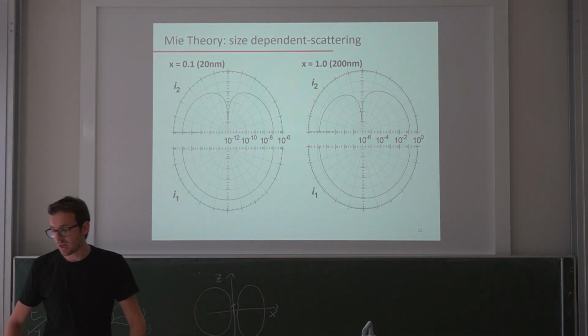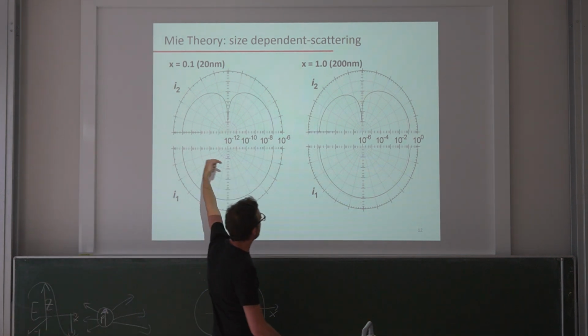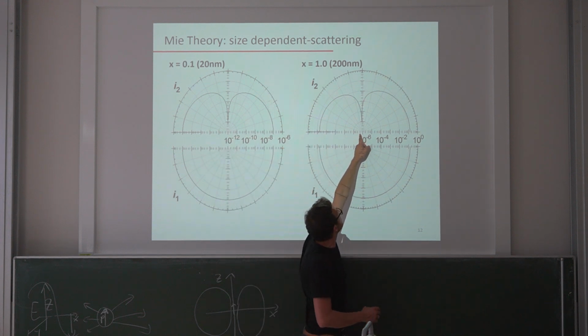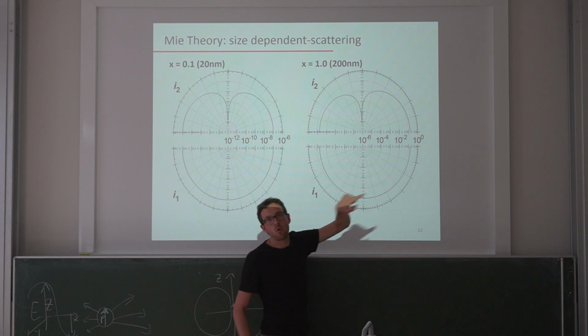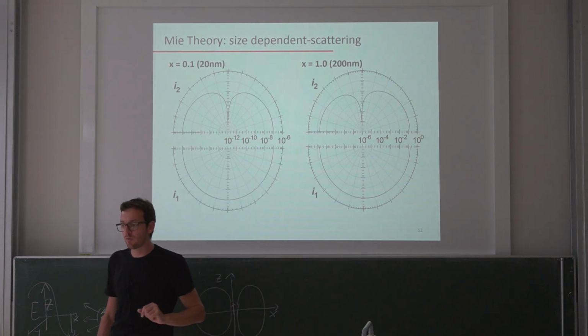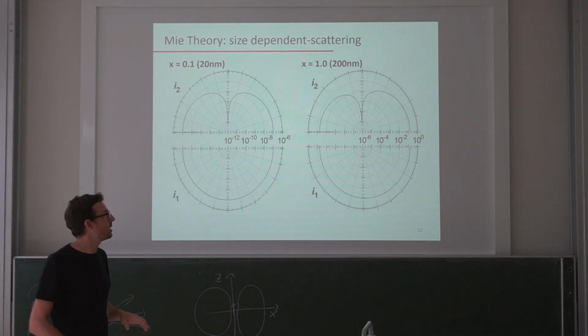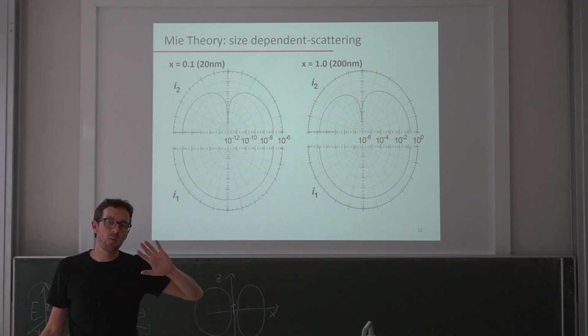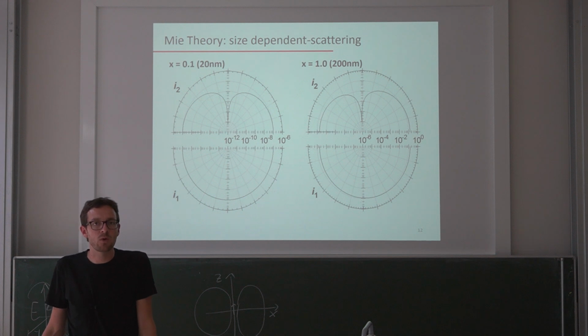But you start to see a slight distortion. The wave comes from here, here's the scattering object, and there's a little bit more scattering in the forward direction, along the direction of the wave. But it is still very closely represented by the donut, meaning that this size still approximately fulfills the condition for Rayleigh scattering.